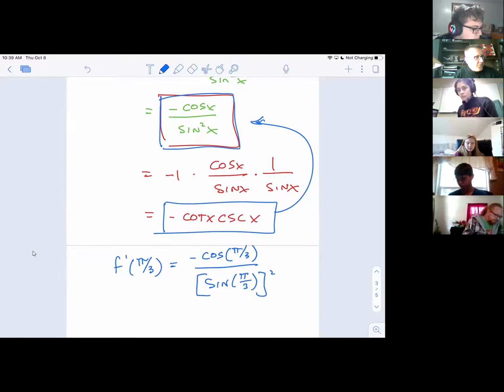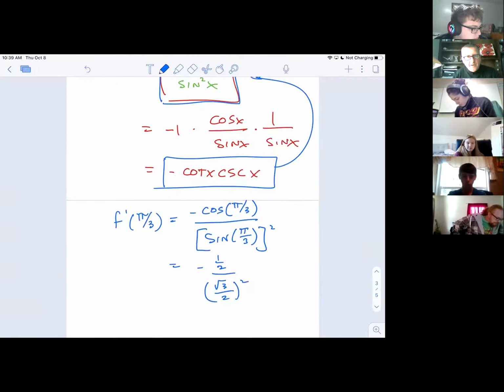Cosine of pi over 3, the x coordinate, is a half. The y coordinate is the square root of 3 over 2. Is that what you're seeing? That's why I like the cosine and sine answer, because I can steal those off the unit circle. Had it been cotangent and cosecant, I would have had to think a little bit more.